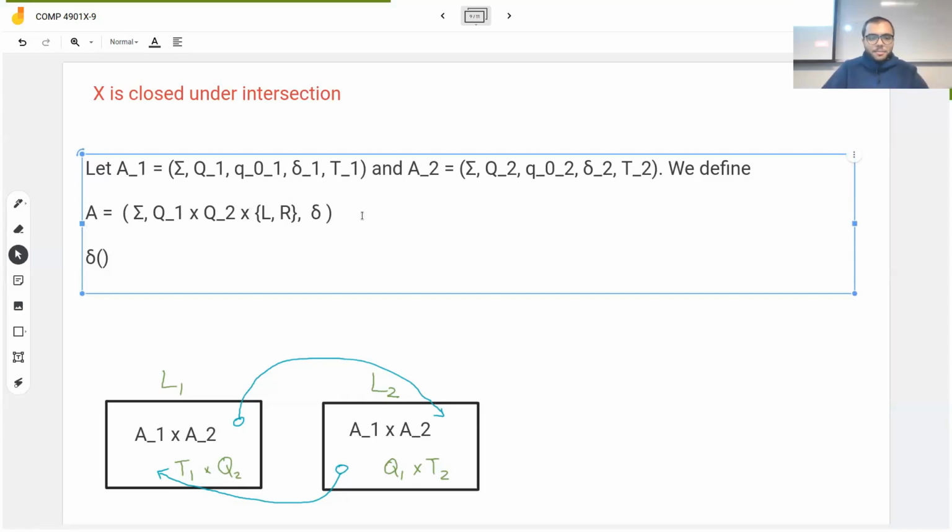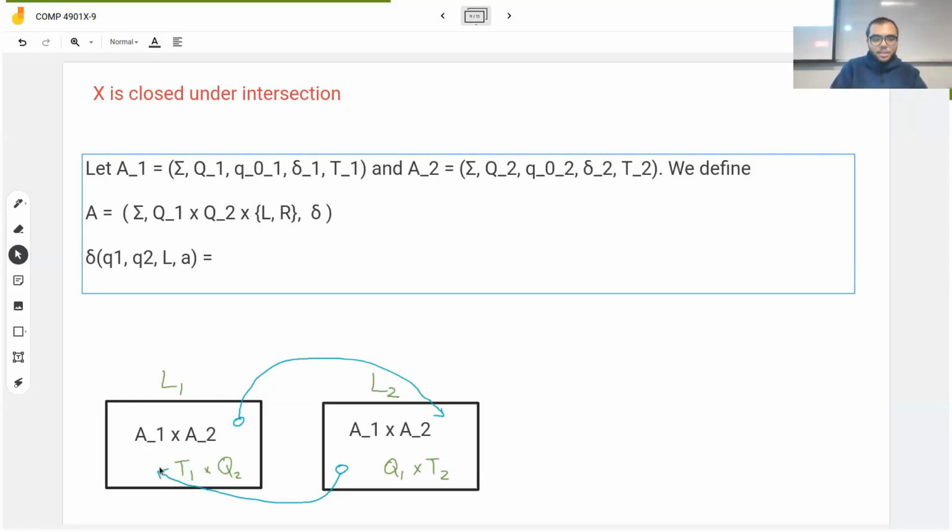Let's say I'm at the state Q1, Q2 on the left-hand side. Okay. I just do a simulation. And let's say I've read the letter A. Okay. So there are two cases. Either Q1 was an accepting state, in which case I have to go to the right-hand side. Or it was not an accepting state, in which case I just continue my simulation.